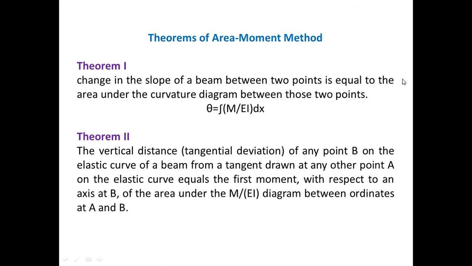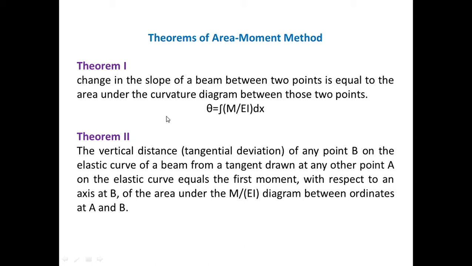Theorem 1 states that the change in the slope of a beam between 2 points is equal to the area under the curvature diagram between those 2 points.